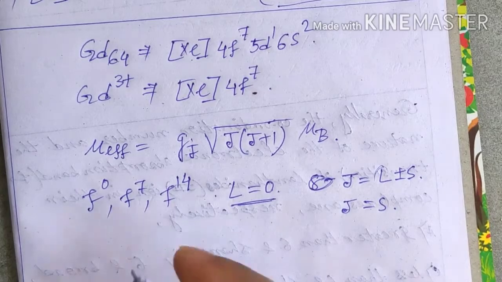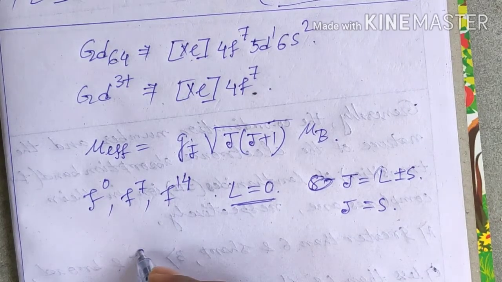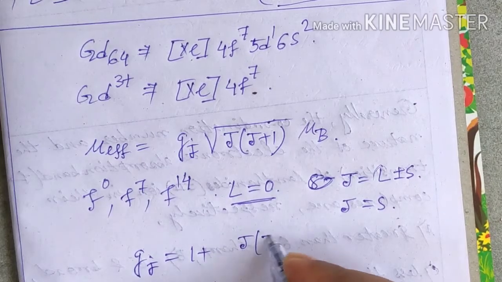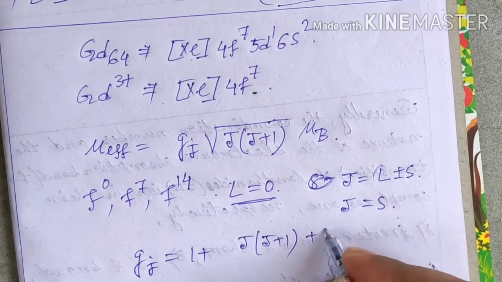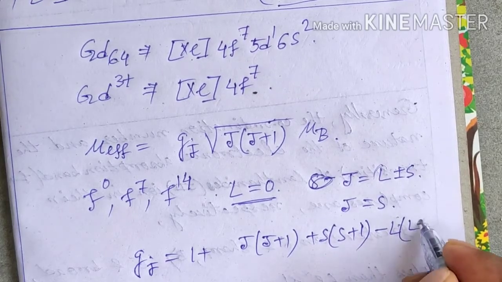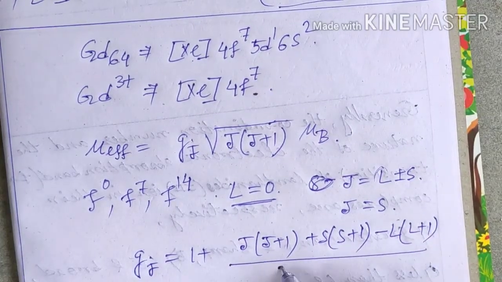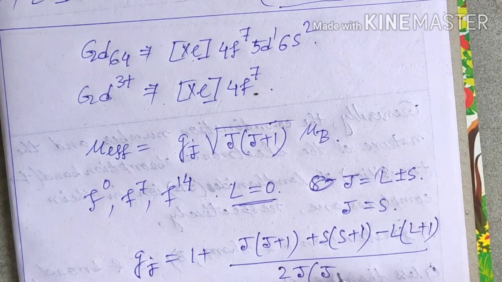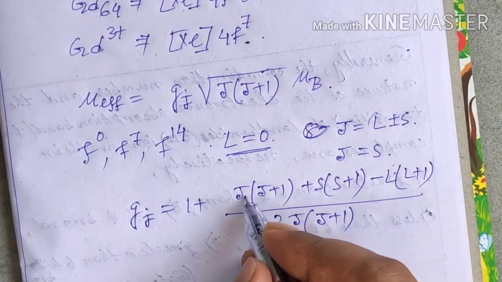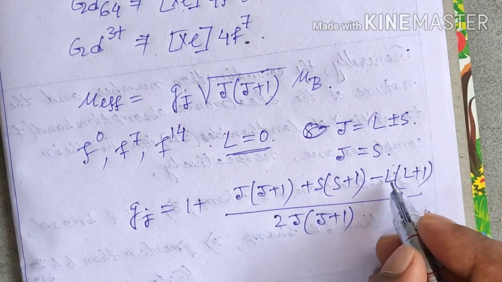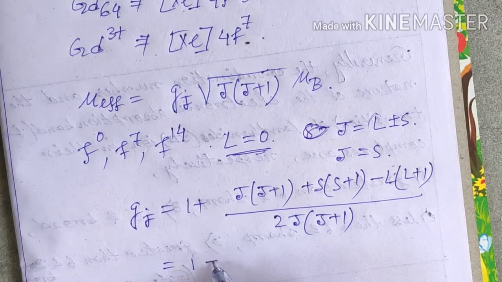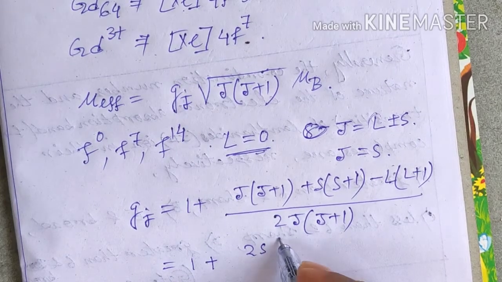And if we consider the expression for gJ, that is 1 plus J into J plus 1, and if we put the value of J equal to S and L equal to 0, this expression will be like this.